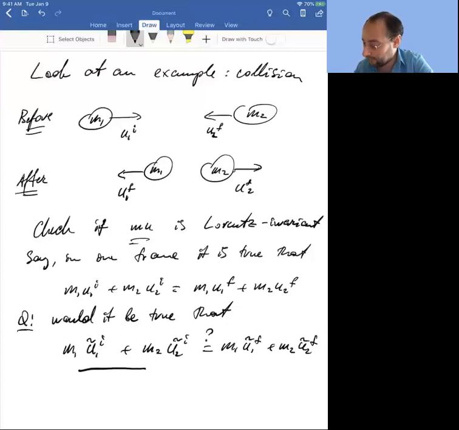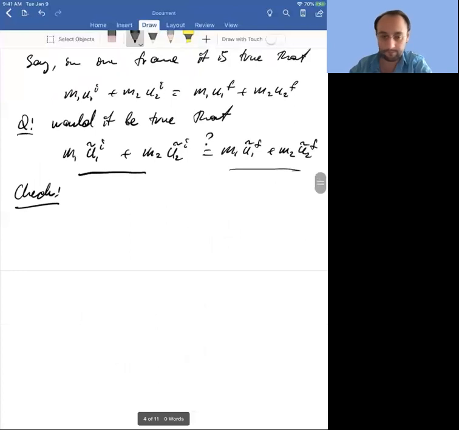If this is true, you can see this has the same form, the same structure. It doesn't have any extra terms. Well, let's do the checking. We know how velocities transform.